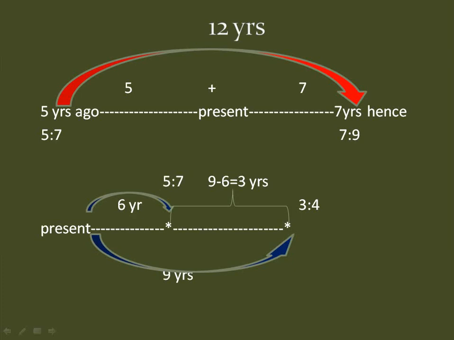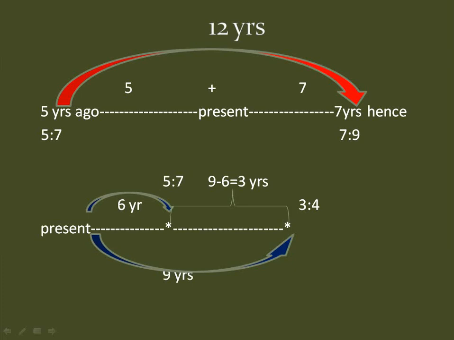If you want to go from 5 years ago to 7 years hence, first you have to travel from 5 years ago to the present, for that we travel 5 years, and from the present to 7 years hence, for that we travel 7 years. Total 5 plus 7, 12 years. So here is a change from 5:7 to 7:9. This change is due to the addition of these 12 years.